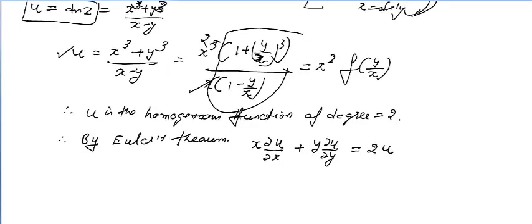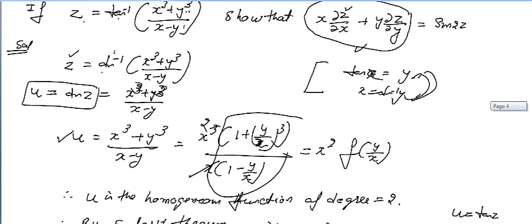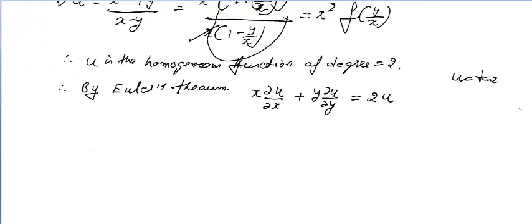So what I am going to do here: you know that u is equal to tan z. Students, you must know our requirement is in z, not in u. u is the temporary variable that we have assumed.